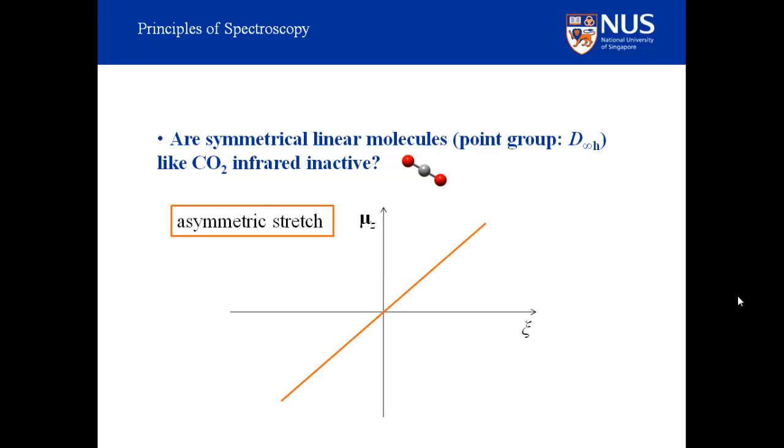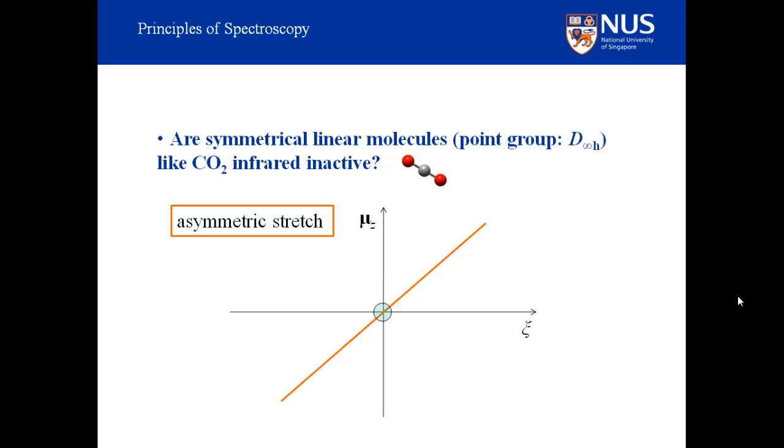The dipole moment of the asymmetric stretch will look something like this. We define our displacement as a kind of vibrational coordinate, which is positive when one of the bonds stretches and is negative when this bond goes through compression. Then on one side, when the displacement is positive, the dipole moment will be positive, and of course at equilibrium the dipole moment is zero, but if the displacement is negative, the dipole moment is negative.